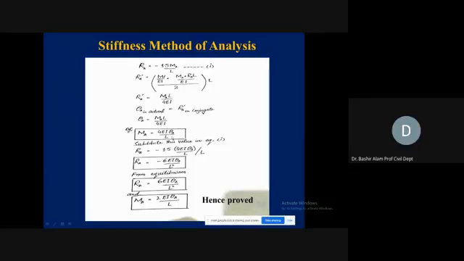Now we substitute this MA value in equation 1. So RA will become equal to minus 6 EI theta A divided by L square. So in the actual structure, we found out the reaction also, which is minus, meaning it is in the downward direction. And remember, in balancing the moments, the unbalanced moment, we said it is 6 EI theta divided by L square.